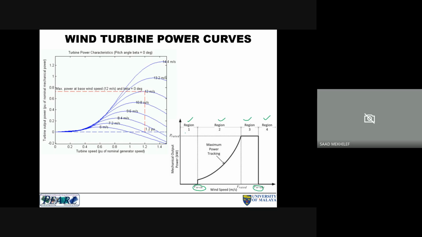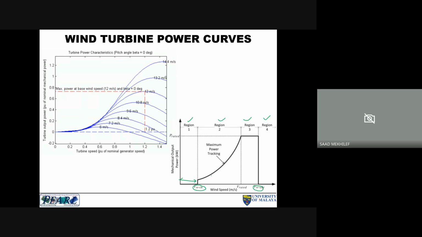If you look into this wind turbine, it moves from region 1, where the wind is below the cut-in speed, and that is not useful. Then if the wind passes the cut-in speed, we can see an increase in power, depending on the wind speed.